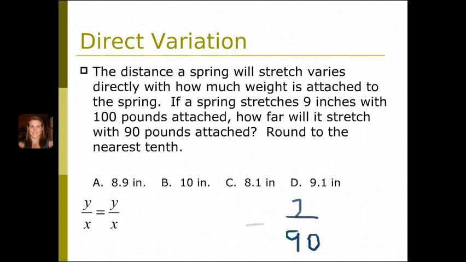Therefore, if you cross multiply and divide, you will see that 8.1 is the correct answer. If you're not comfortable with cross multiplying and dividing, you can compare 9 divided by 100 as a decimal with 8.1 divided by 90, and compare those two decimals and you will see that they're equal.